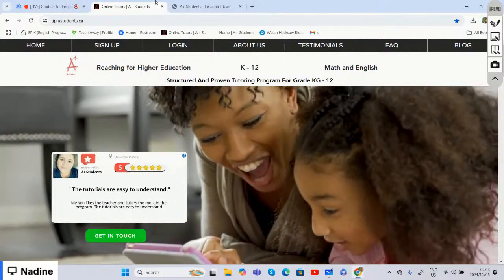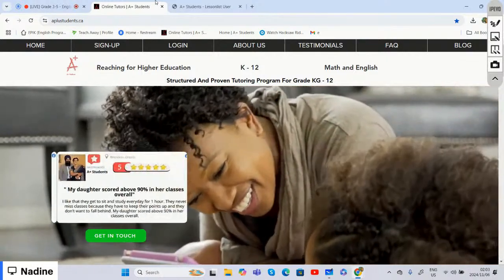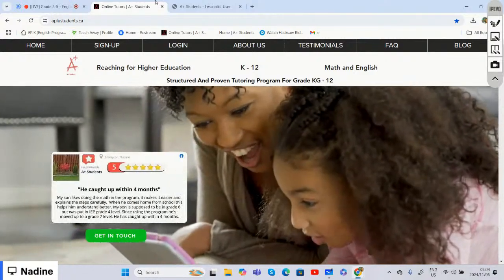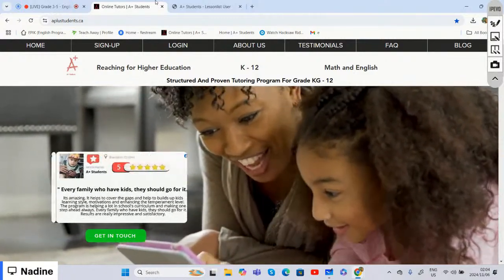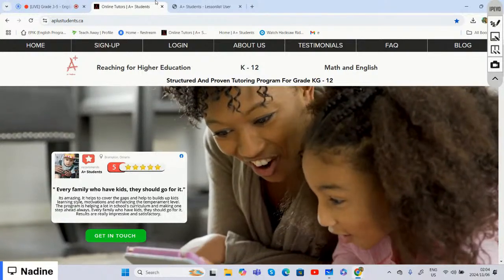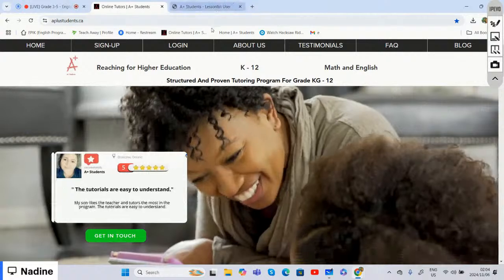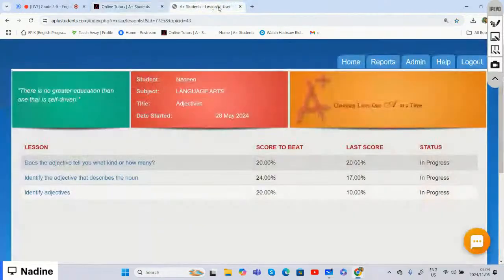We're doing grade 3 to 5. And then we're going to scroll down until we get to our chapter of adjectives.